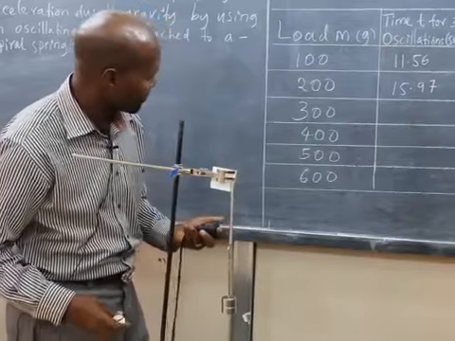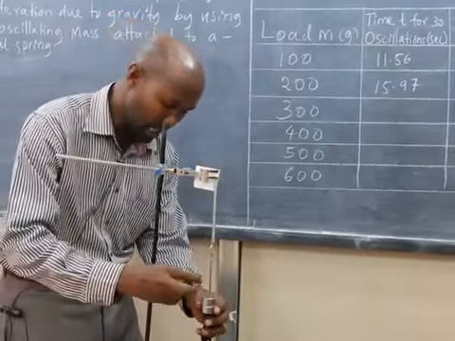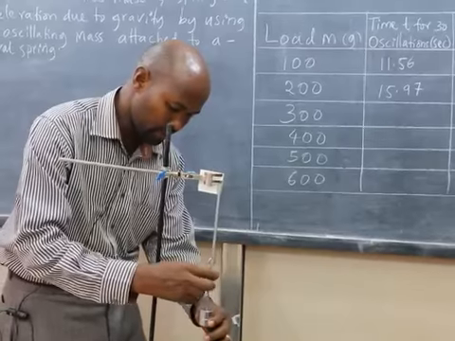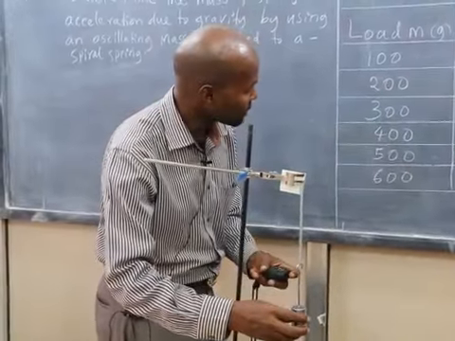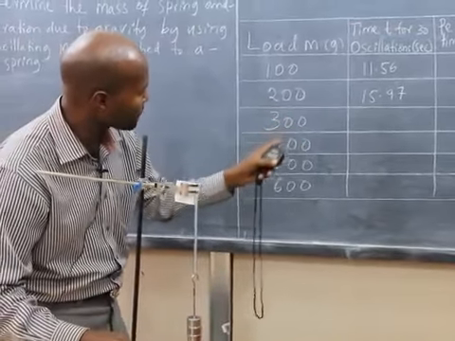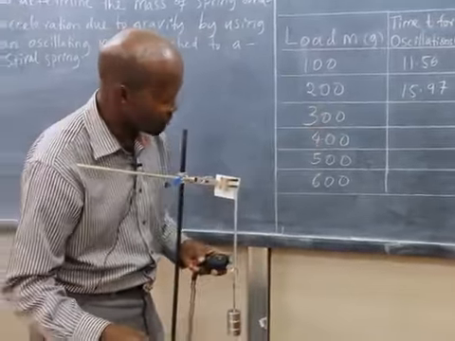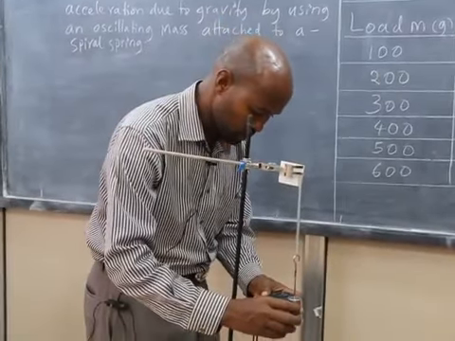Now let us see the time taken for 30 oscillations when the mass is 300 grams. So I'll just add another 100 grams here. Let us start counting the time for 30 oscillations, just small amplitude.